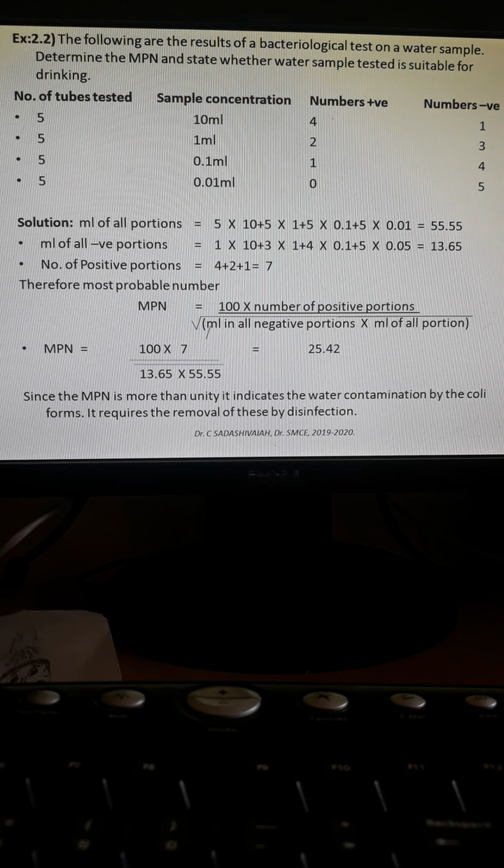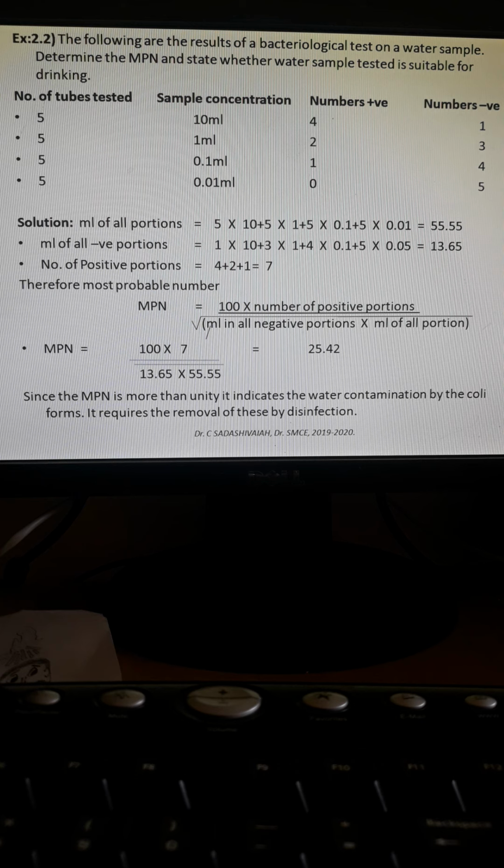Means in the first set of 5 test tubes where 10 ml water sample was dispensed, after the incubation period, that is when these test tubes are kept in the incubator at say 37 degrees centigrade for 24 hours, when they were taken out and observed, gas was formed in 4 test tubes where the 10 ml portion was there.